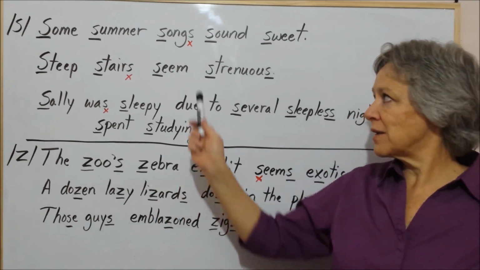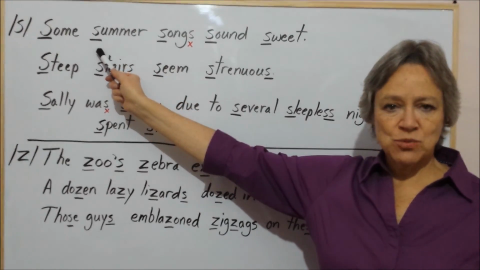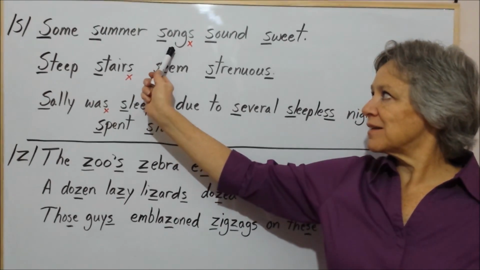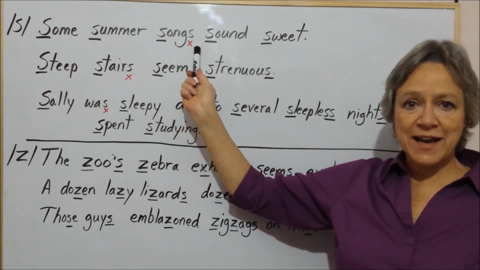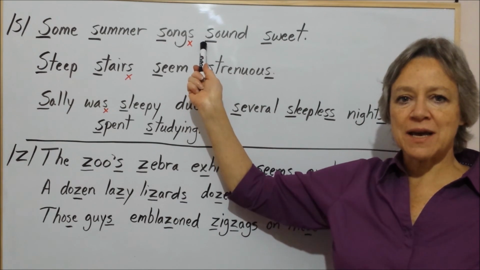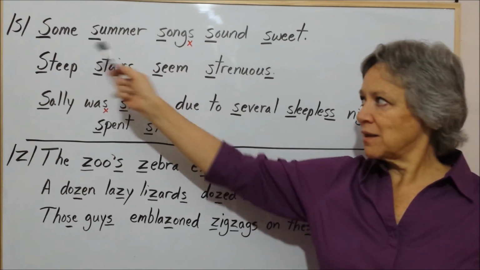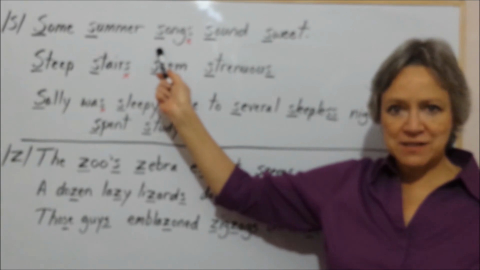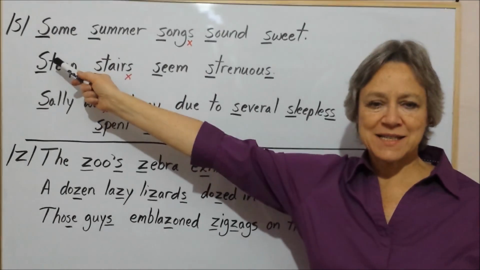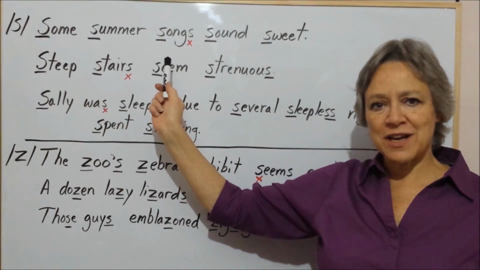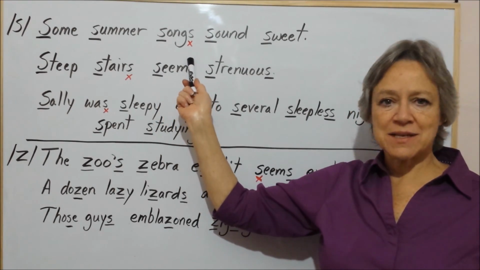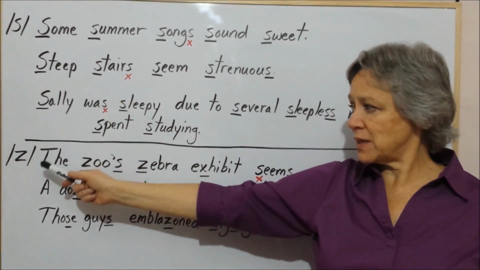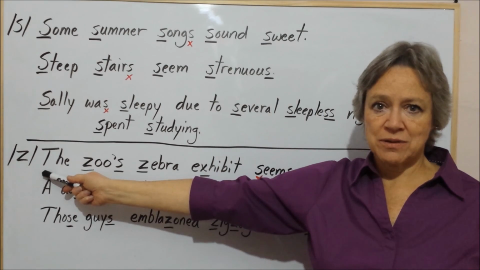I have underlined the letters in each word which make the sound. If, however, I've put a red X under a letter, it means that that letter does not make this sound. So in this word, for example, the first letter S does make the S sound, so I've underlined it, but the second letter S does not make the S sound. Instead, it makes the Z sound.